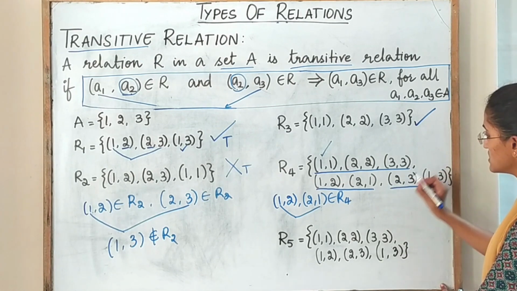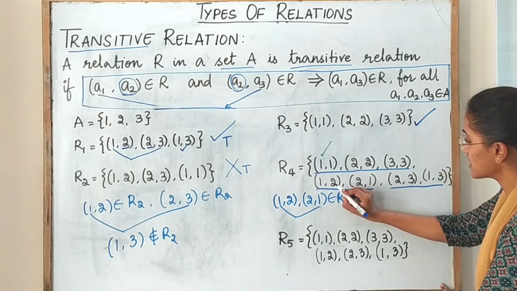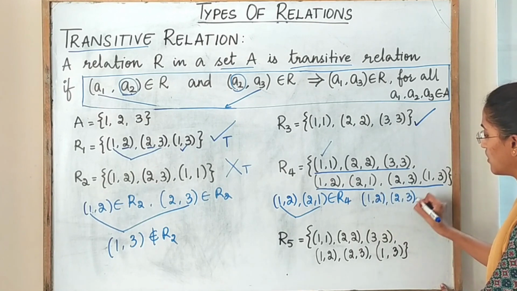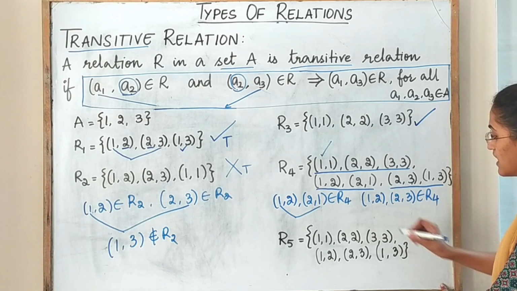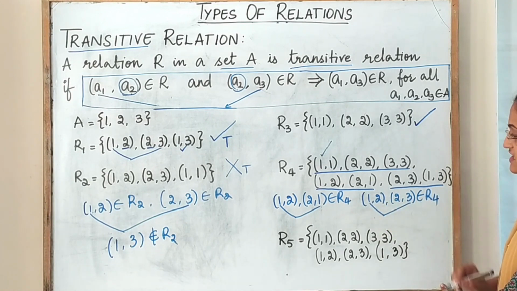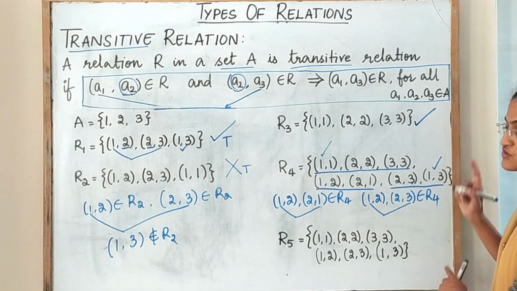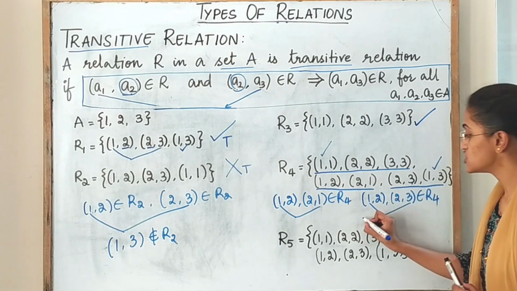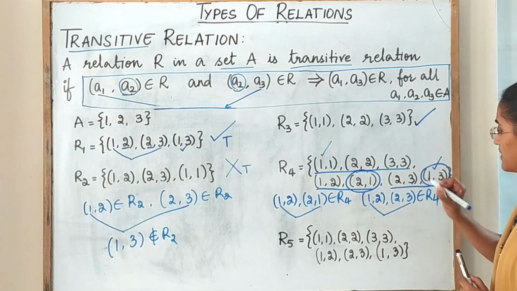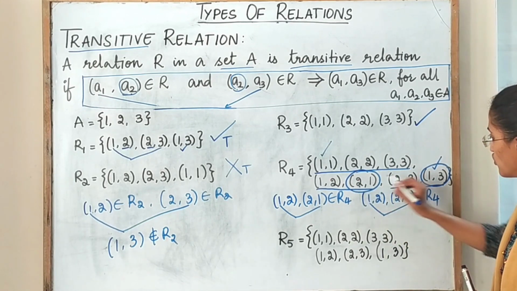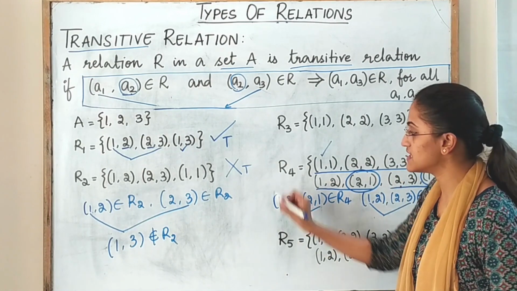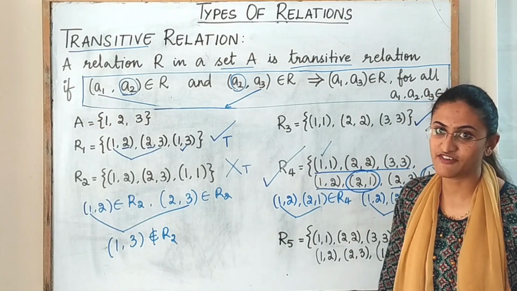And in this condition, you can check (1, 2) and (2, 3) belong to the relation R4, and as per the condition, (1, 3) should be in the relation, and yes, (1, 3) belongs to the relation R4. Even (2, 1) and (1, 3) belong to R4, and (2, 3) also belongs to R4, and hence you can conclude that R4 is a transitive relation.